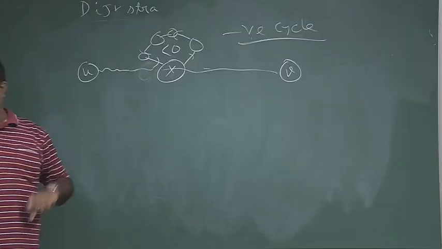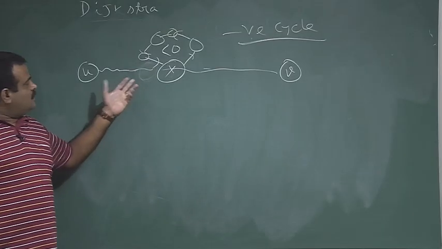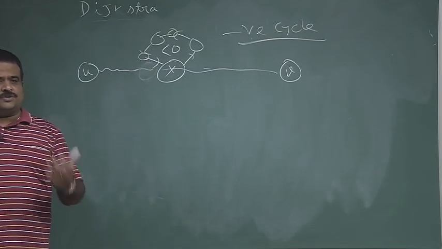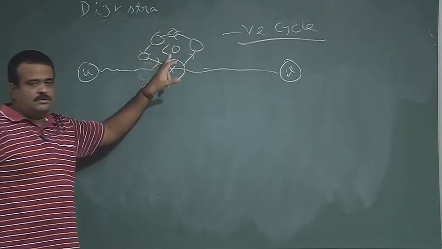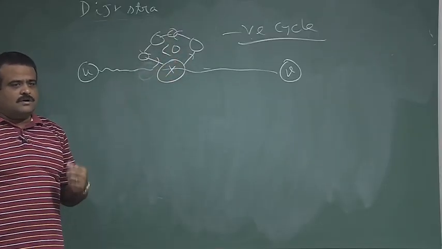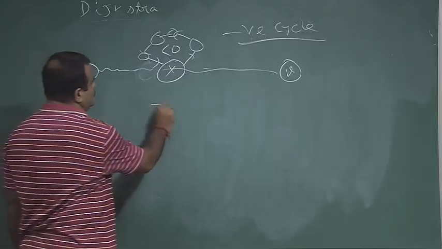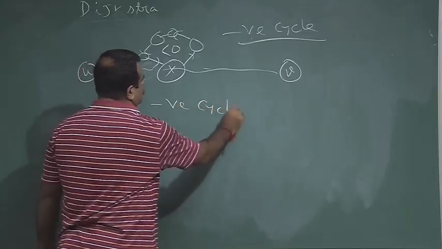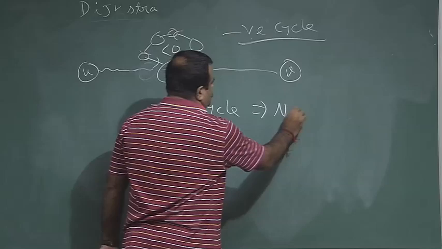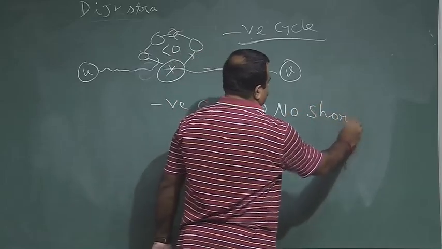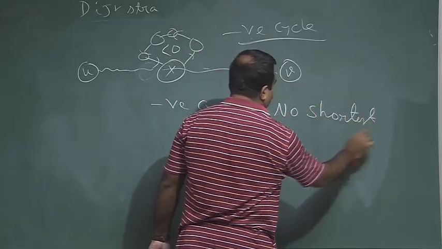Then the shortest path will not exist, because if you give me a shortest path, I will make another loop to reduce it further. So we cannot find a shortest path if there is a negative cycle. So a negative cycle in a path means no shortest path exists from u to v.